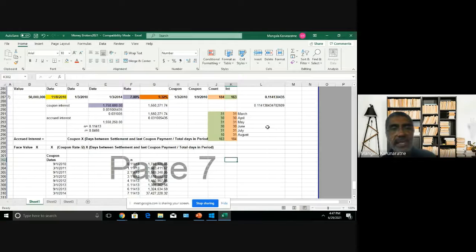Now in this case the coupon period payment is 1,750,000. So all these 8 coupons you get 1,750,000.